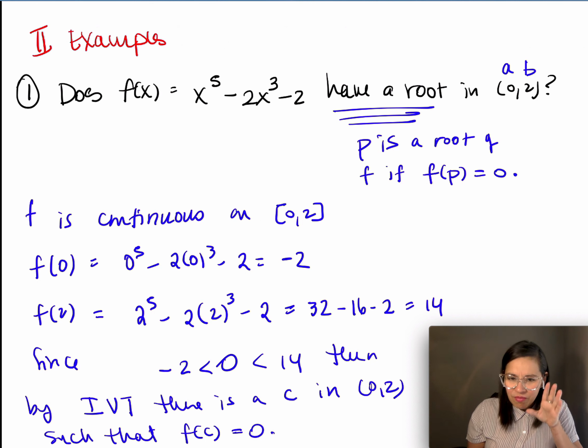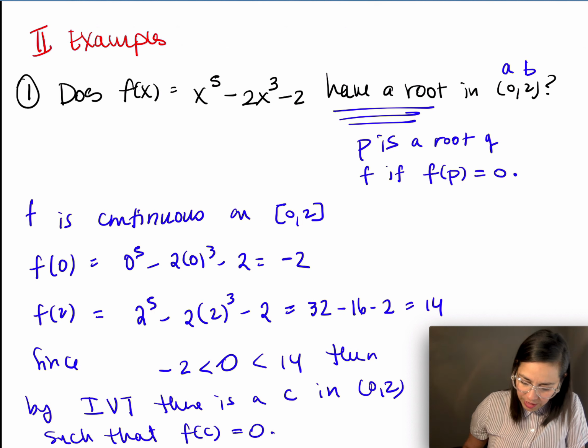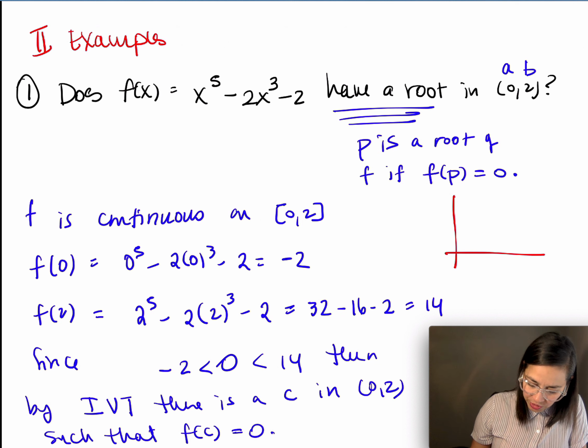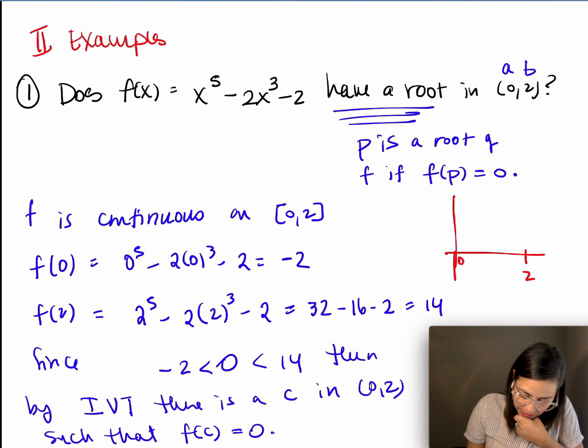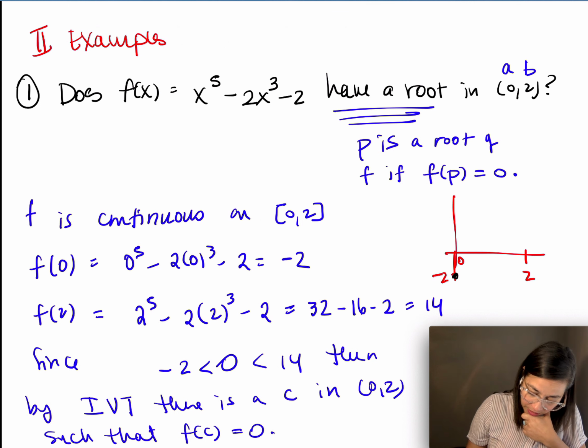Actually, because of this theorem and because of the continuity of this function, here we are. I'm going from 0 to 2, okay? And this function is equal to -2 at 0, so -2 right here. And then at 2 it is equal to 14. So I'm going to say it's up here, 14, okay?